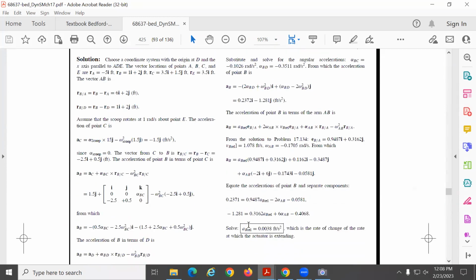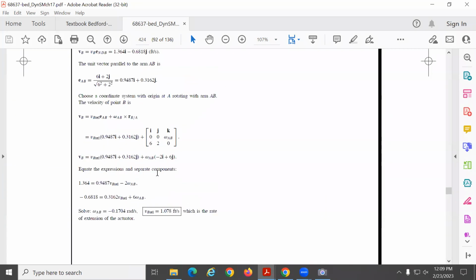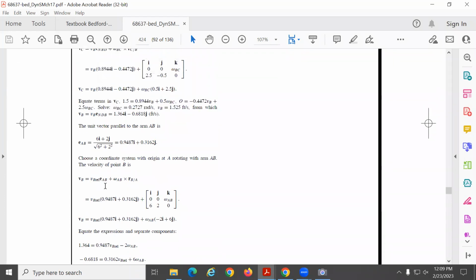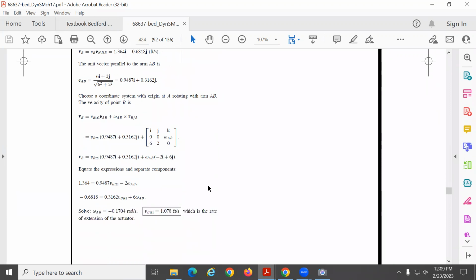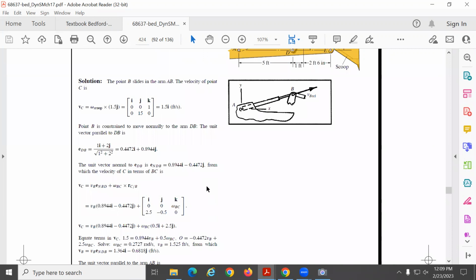I think it's for the omegas, I guess, omega BD. So you should also have the other omega, no? You need the omega BC, the omega DA, and then the relative velocity. I never look at the solutions.